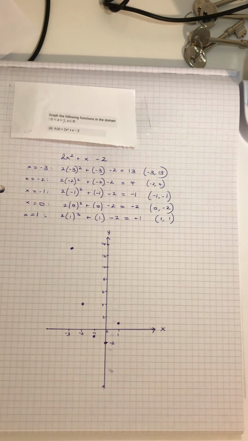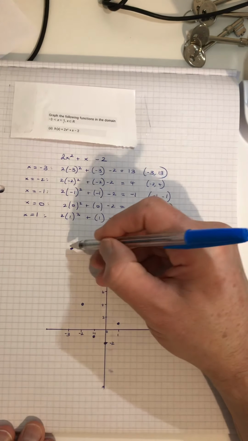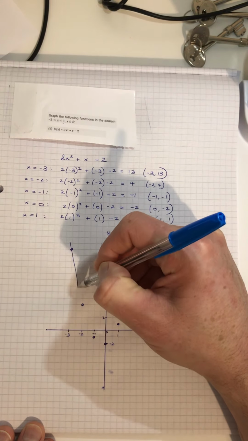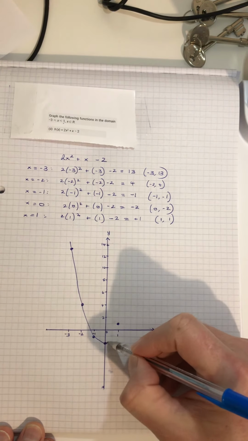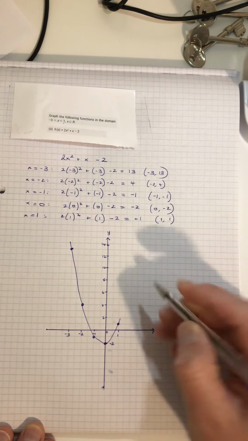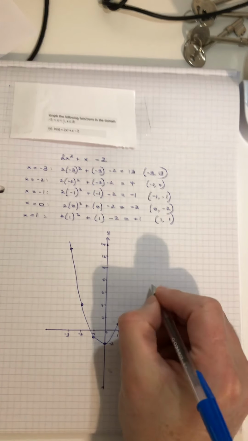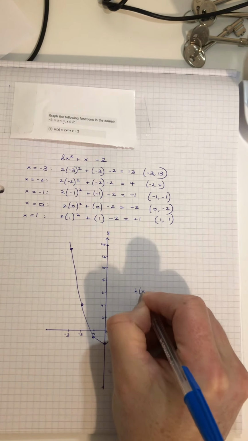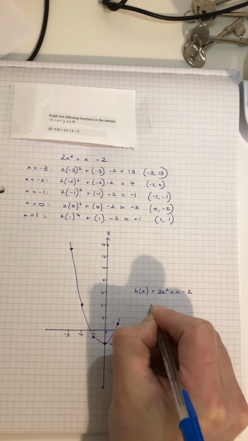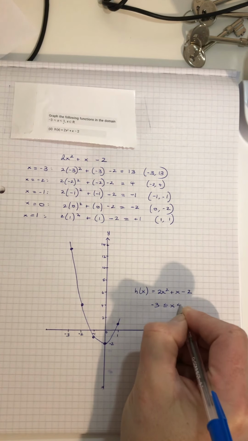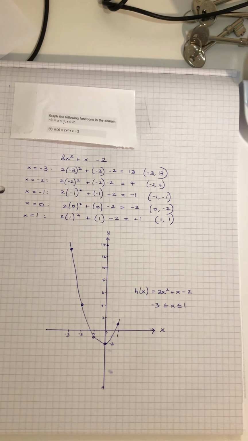So your graph, when you join your points, you should get a graph that looks something similar to this one. So it's a smooth curve, no rulers, and that graph is h of x equal to 2x squared plus x minus 2 between -3 and 1. Okay, and that's the first one.